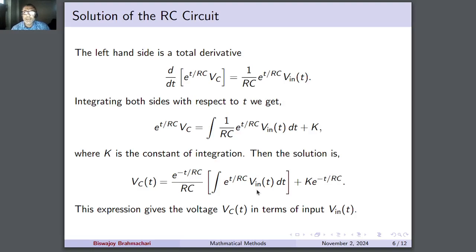Just for the sake of understanding, we can take an example where there is a constant input voltage. Then this constant will go out of the integration, and this integration will give e to the power t by RC multiplied by RC. And this RC will get cancelled. E to the power minus t by RC and e to the power t by RC will give 1, and so we will get V0.